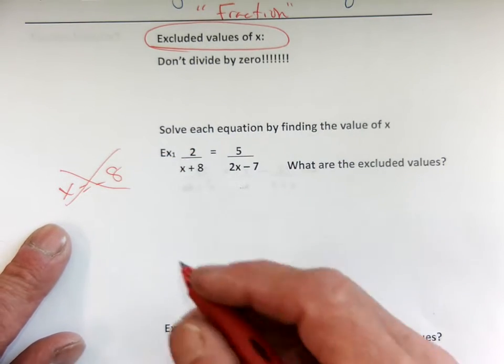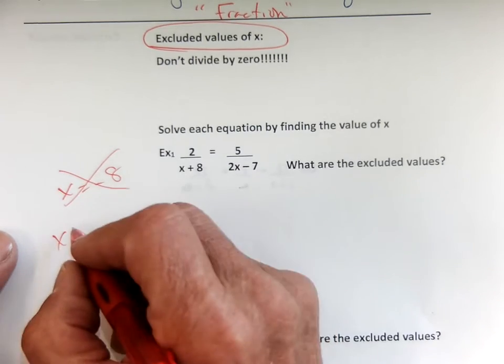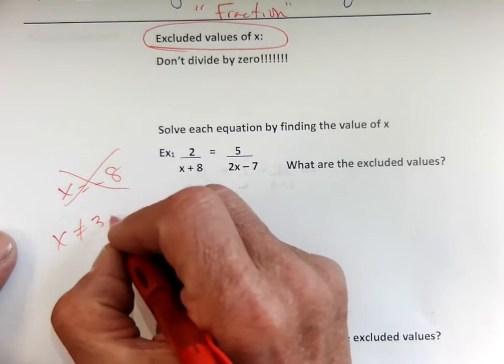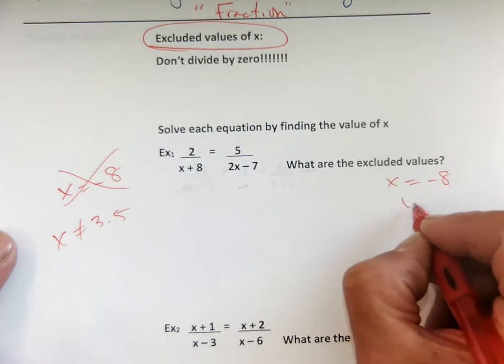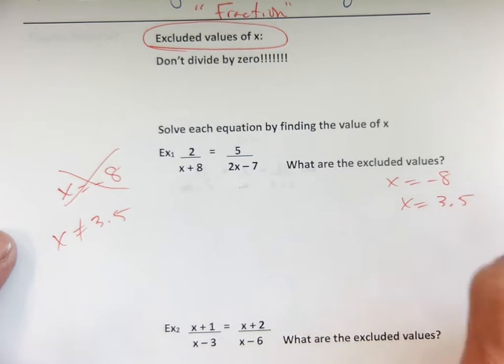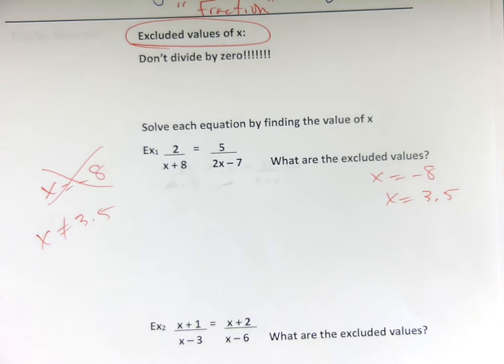And x cannot equal 3.5. So my excluded values are x equals -8 and x equals 3.5. If we solve the whole problem and get either one of those answers, we throw that answer away and say no solution, okay?